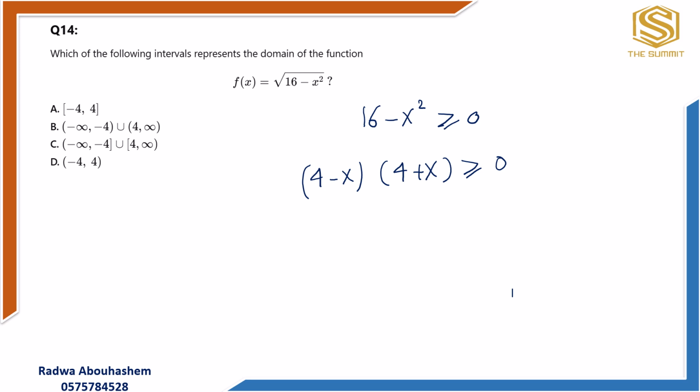And once I have the answer for x, I have to check the intervals. So here are 4 and negative 4. Let's pick a number in each region. Let's take negative 5, then 3, and then 5. Negative 5 power 2 gives me 25. So 16 minus 25, is it greater than or equal to 0? Of course not. So I have to remove this part.